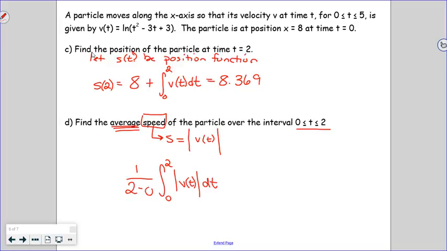You do, because speed is always positive, but on the interval from 0 to 2, velocity is actually negative from 1 to 2. And we get 0.371. Any questions?